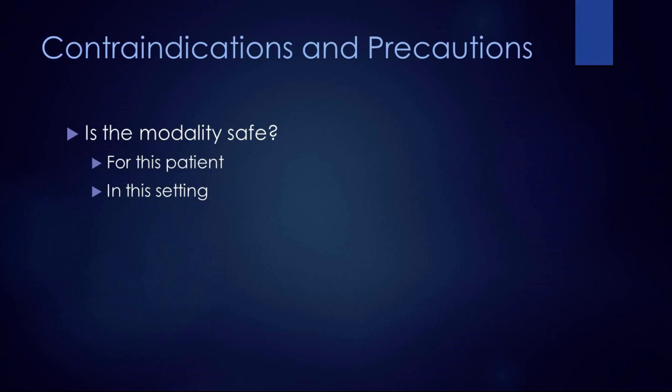And we don't want to do anything that's going to break up those cancer cells and cause them to spread throughout the body and give them a chance to metastasize. So there might be malignant tissue in an area that hasn't been detected yet. So doing a modality, that's a precaution in that area. We don't want to do anything that's going to accelerate healing or affect cell permeability or affect vascularization.